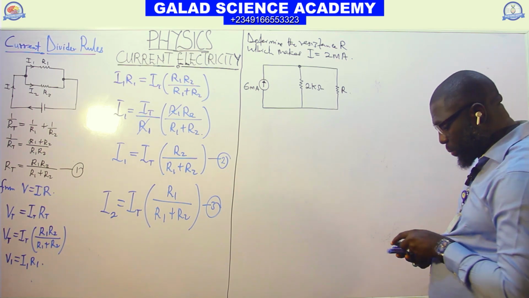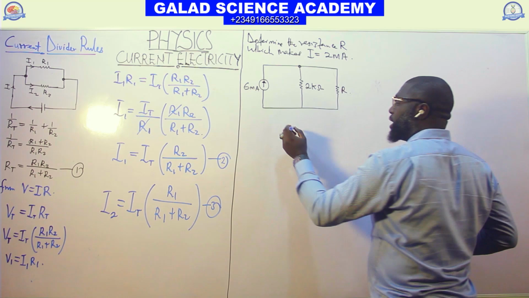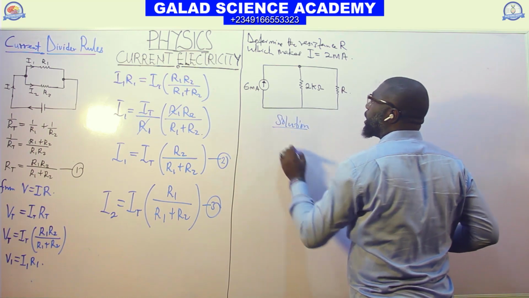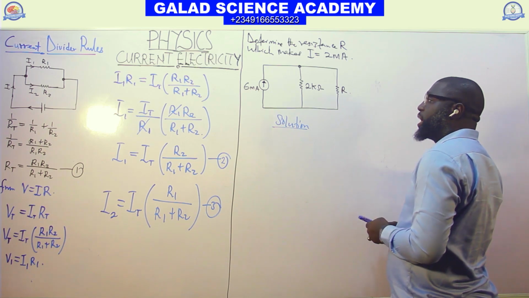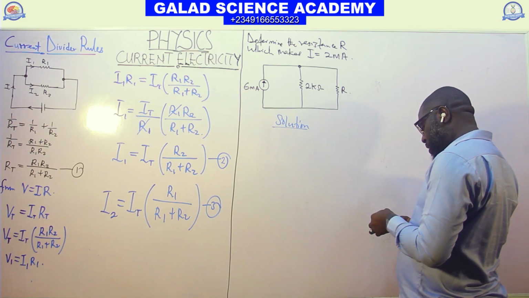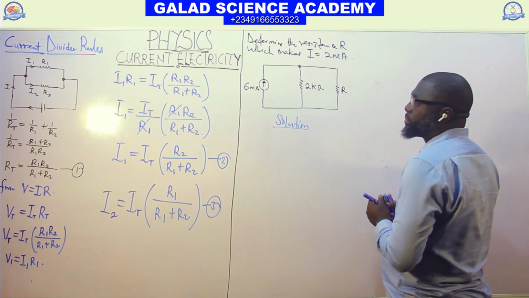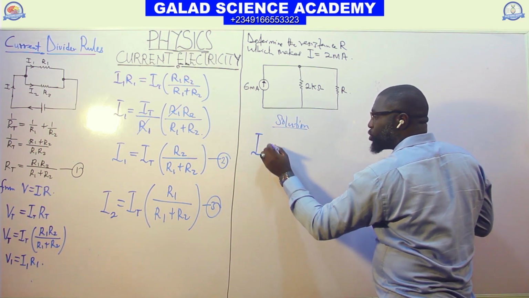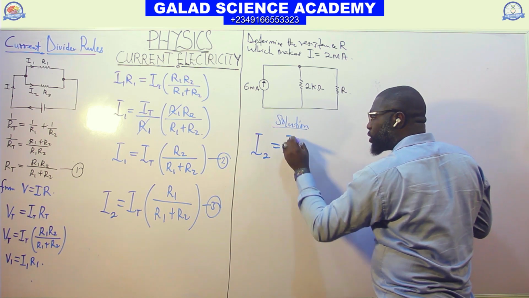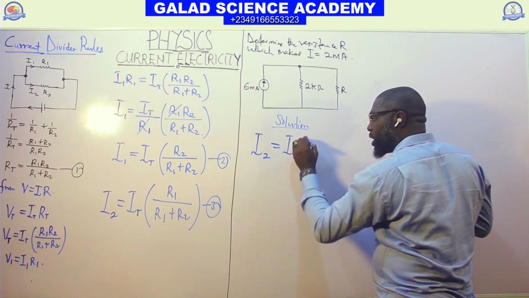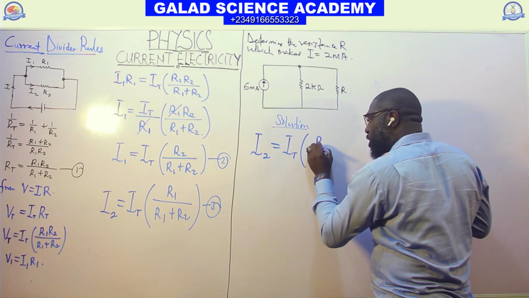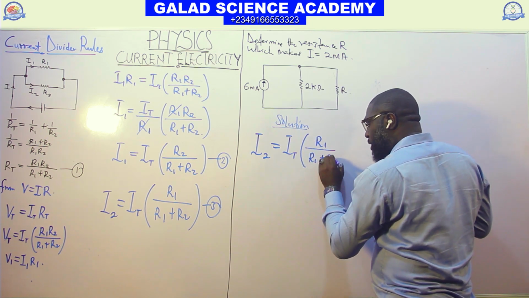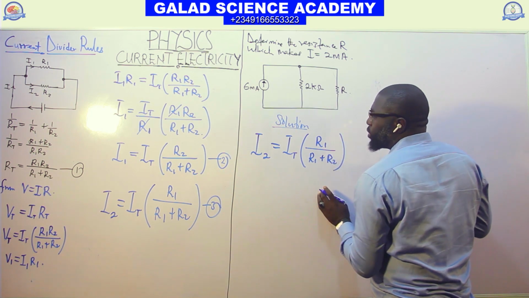There's no need for you to disturb yourself here. Just write the solution. After that, apply the rules. We are saying that the current I2 will be I total times R1 over R1 plus R2. Good.